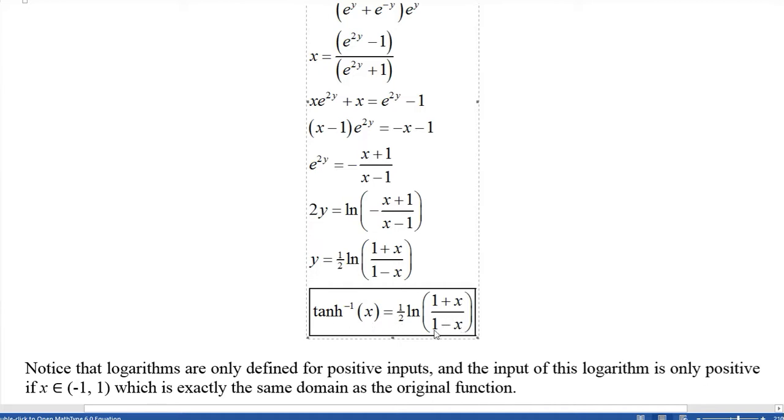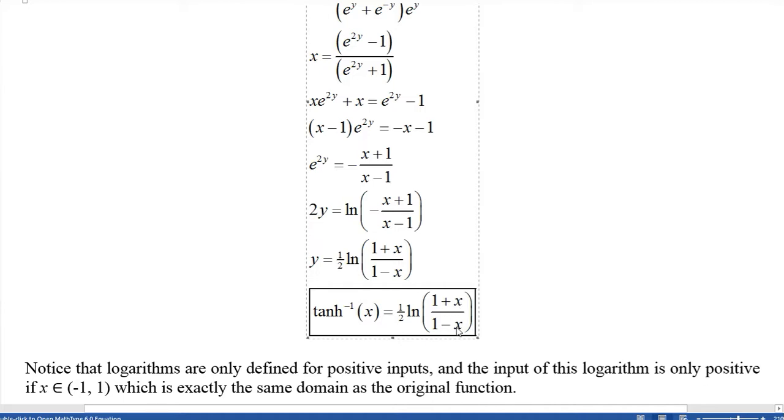If we're to the left of -1, the denominator is positive, but the numerator is negative. And if we're to the right of 1, the numerator is positive and the denominator is negative. And of course, if x equals 1, then this thing is undefined. Technically, it's also undefined at x equals -1.